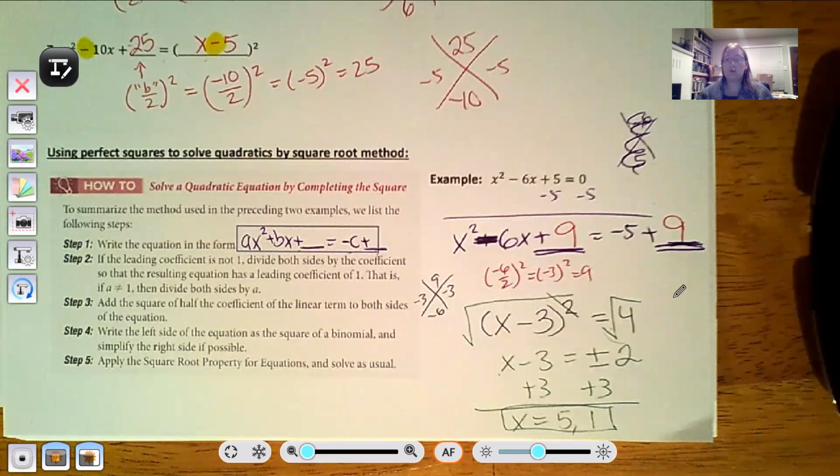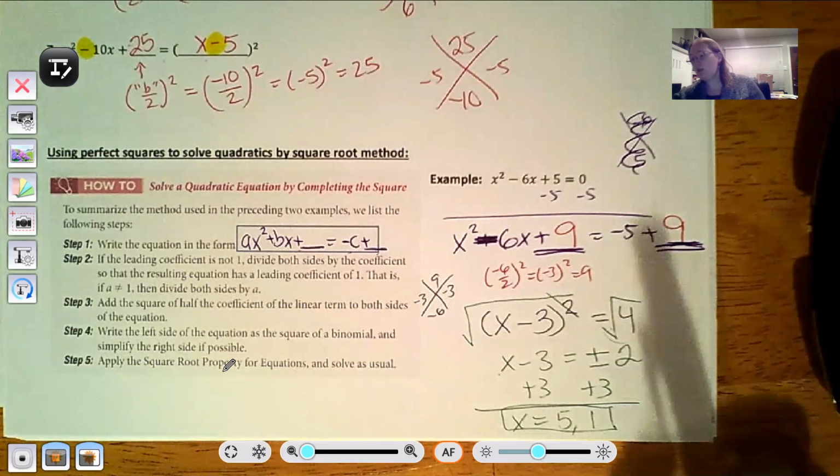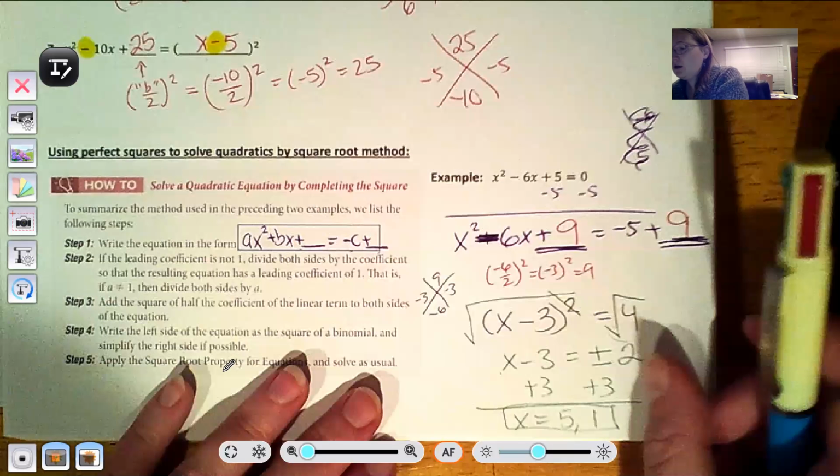And completing the square will come up when we talk about circles at the end of the course, as well as when you do ellipses and hyperbolas, and it allows you to use the square root method for solving these quadratics. It's also great for just talking about perfect squares.